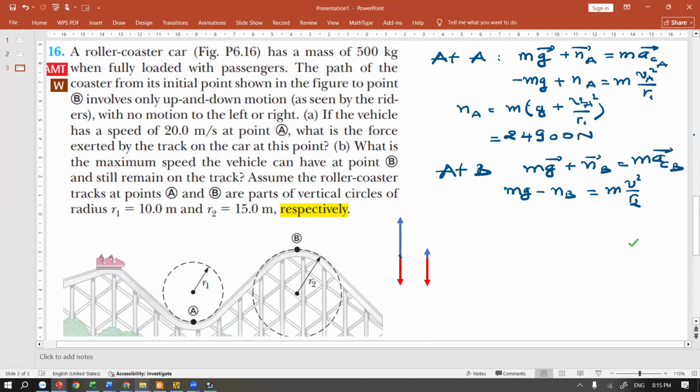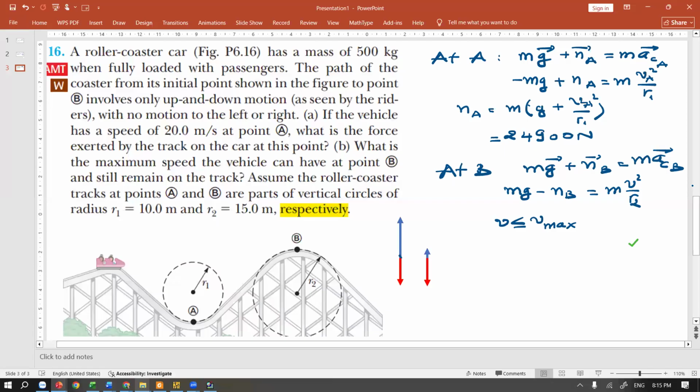So in this case, you can see that NB can be 0, right? So the smallest value of NB can be 0. So you see that v will be smaller or equal to v max. So we have to find out the maximum value of v.